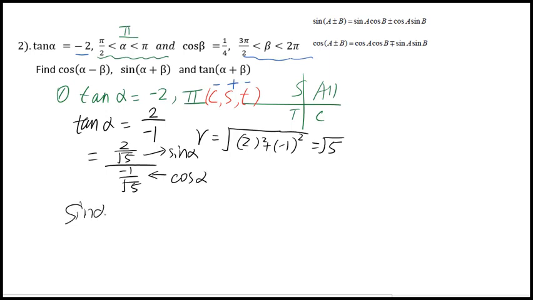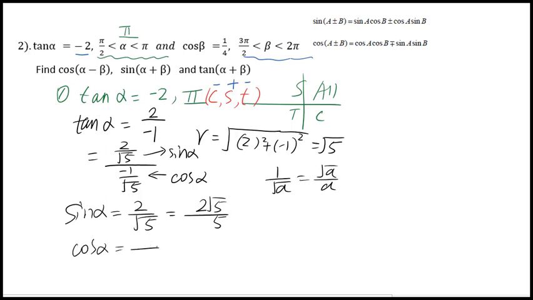Sine alpha equals 2 over square root of 5. That is 2 square root of 5 over 5, carrying on this 2, because 1 over square root of a equals the square root of a over a. For cosine alpha equals -1 over square root of 5, that is a negative square root of 5 over 5.